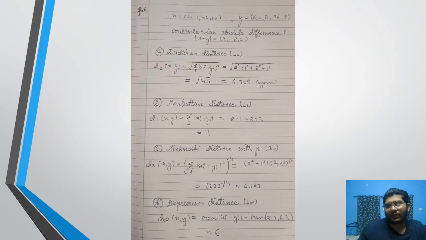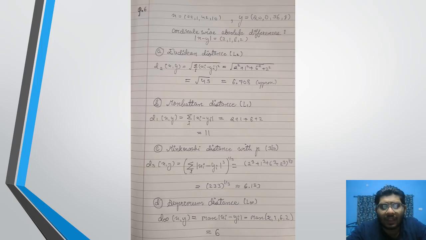And now we will see the answers for the questions. We have the coordinates of x as 22, 1, 42, 10, and y as 20, 0, 36, 8. The coordinate-wise absolute difference |x minus y| is 2, 1, 6, 2.